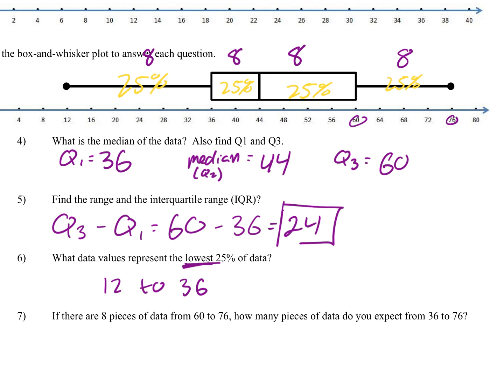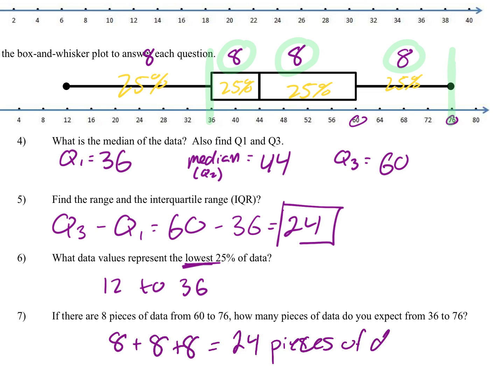So we can use this to say how many pieces of data are from 36 to 76. So 36 is here and going all the way to 76, and that includes 3 of our quarters of data. So we want to add those together, and we get a total of 24 pieces of data between 36 and 76.